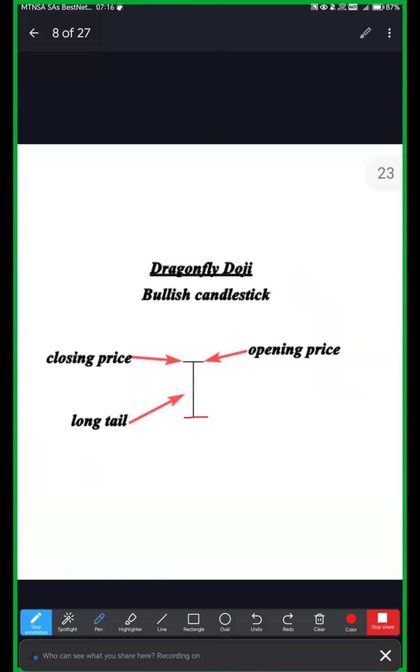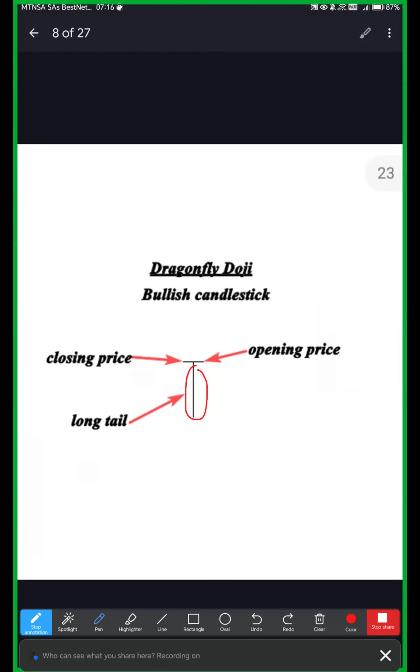When the market opened here, it came down to this level. When it reached this level, it was an opportunity for buyers. Buyers always want to buy low and sell high. So when the market came down here, buyers entered and started pushing the price back to the opening. So they left this long lower shadow.